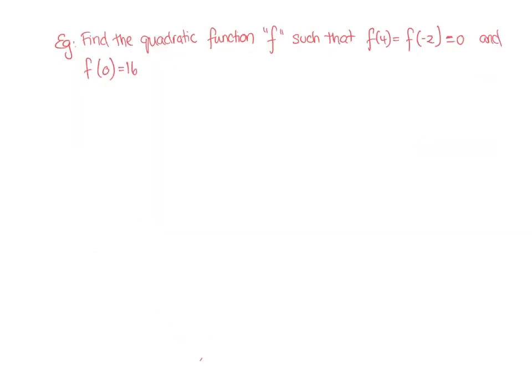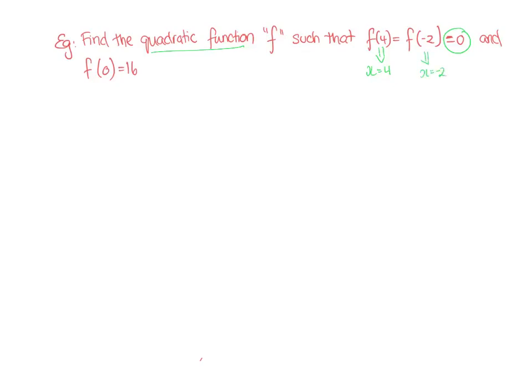look at another example. Find the quadratic function f such that f of 4 equals f of negative 2, but they also equal 0. What they're saying is, when x equals 4, the function is 0, and when x is negative 2, the function is 0.